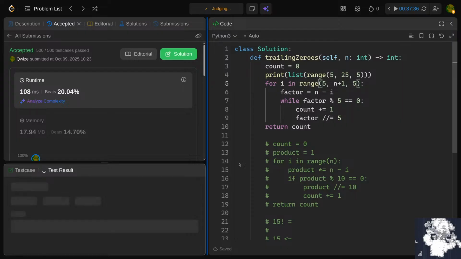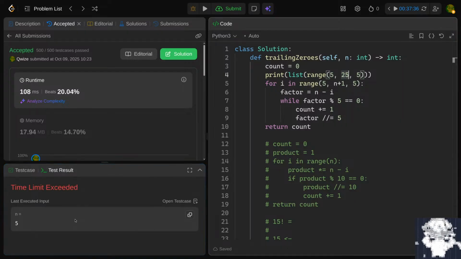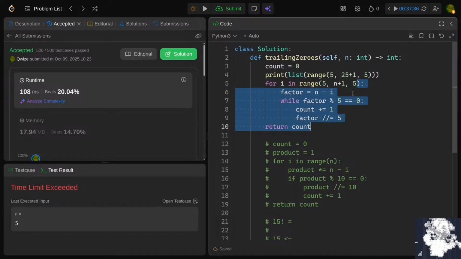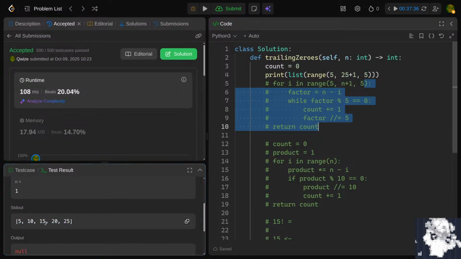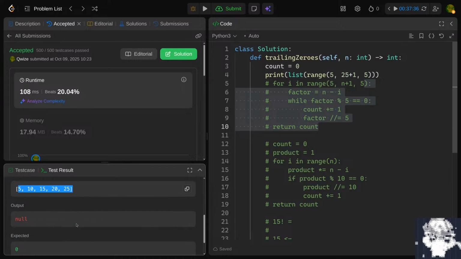That made it have an infinite loop? How? What if I'm just printing this just to see what it gives? 5, 10, 15, 20, 25.